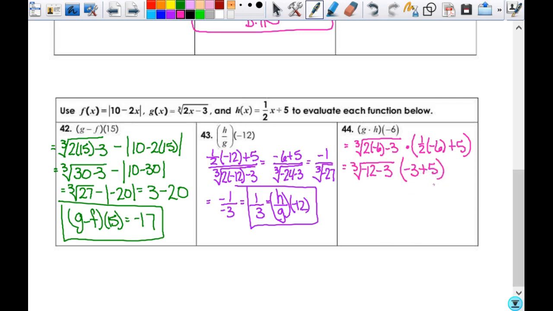So negative 3 plus 5 is 2. So I can bring that out to the front, and I get 2 times the cube root of negative 15. So I can't take the cube root of 15. I can't even simplify that cube root, except that there is a negative 1 in here. I can take the cube root of negative 1, which is negative 1. So this actually becomes negative 2 times the cube root of 15. And that's equal to g times h of negative 6. And there you go.